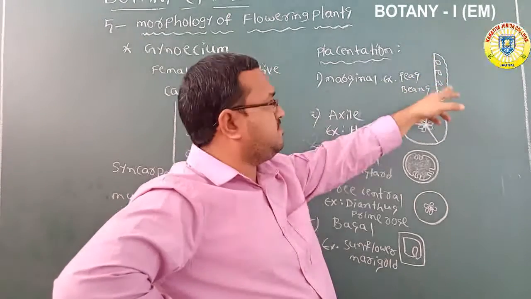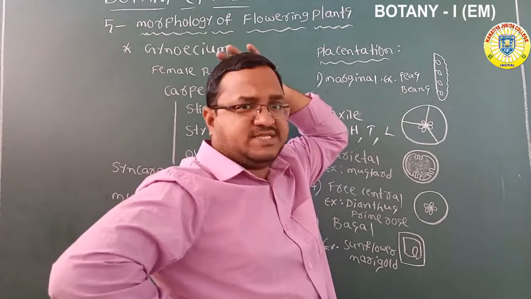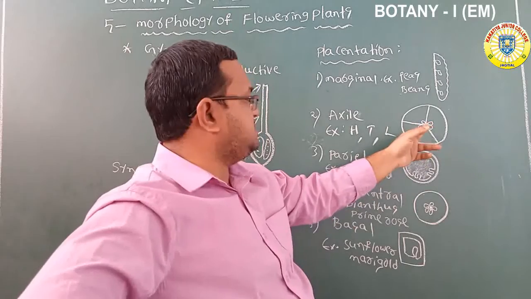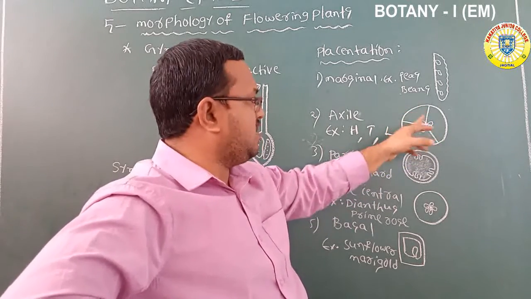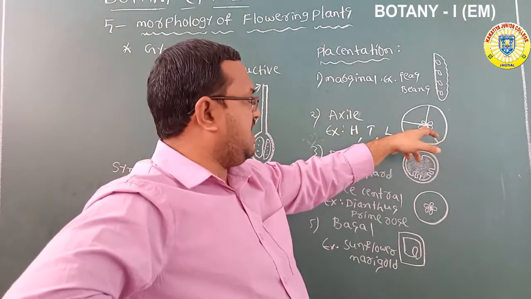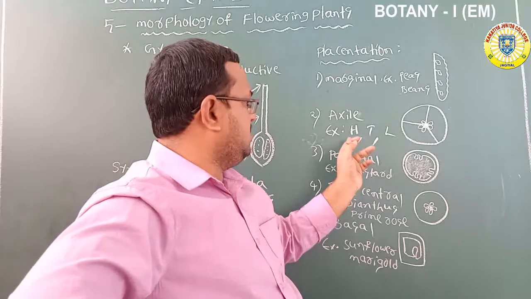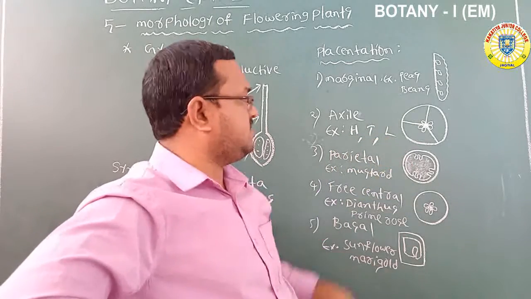Ovules are attached on the ridge in 2 rows, especially in peas. In axial placentation, the placenta is developed at the center of a multilocular ovary. In axial only the ovules are attached. Examples are hibiscus, tomato and citrus, lemon.